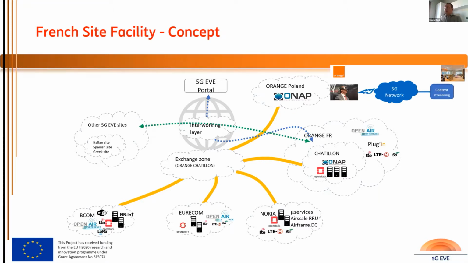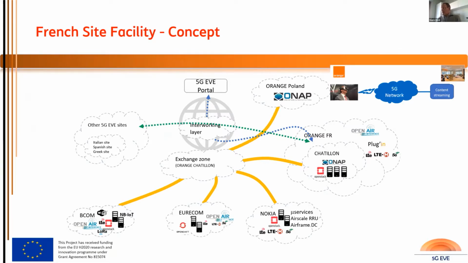So starting from France in alphabetical order, France is a site that is actually split into different locations: in Paris, Châtillon, in Evercom premises, in Nokia premises, in Beacon premises, and everything is connected together through the Orange Châtillon exchange zone.